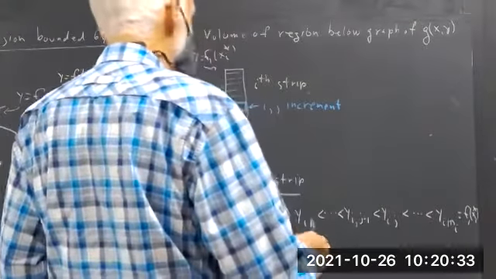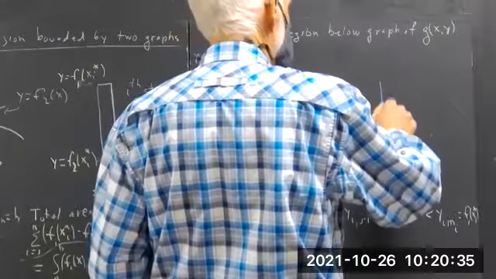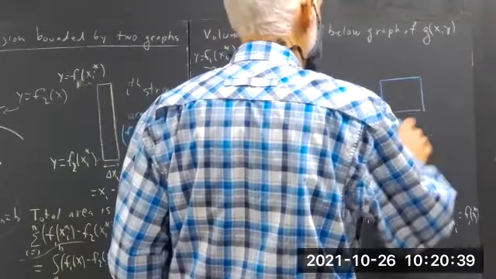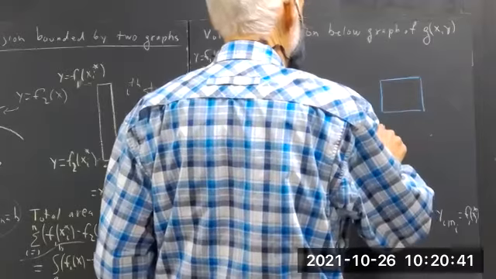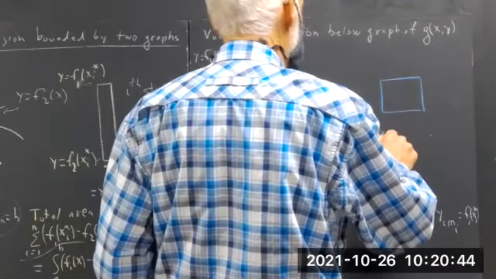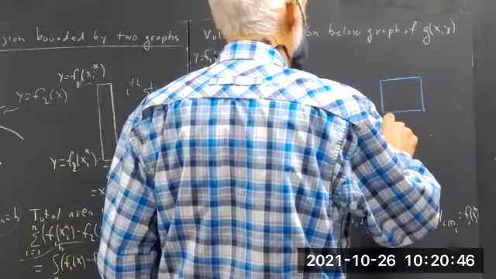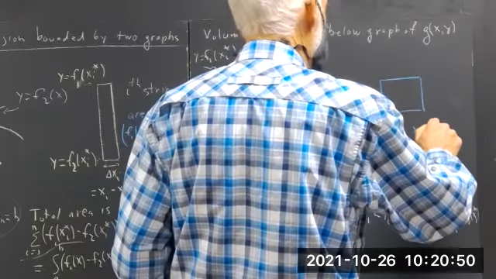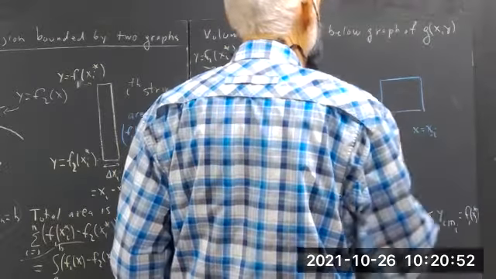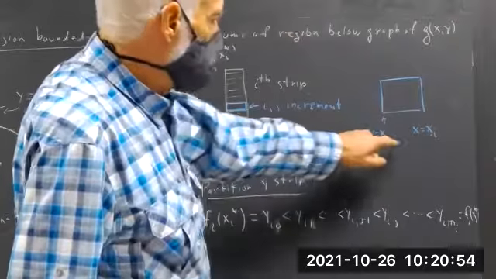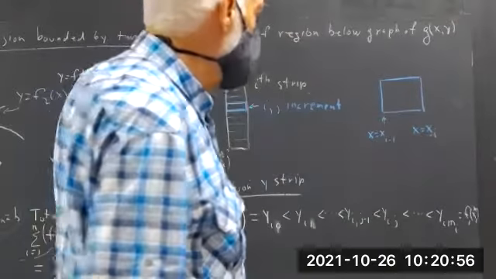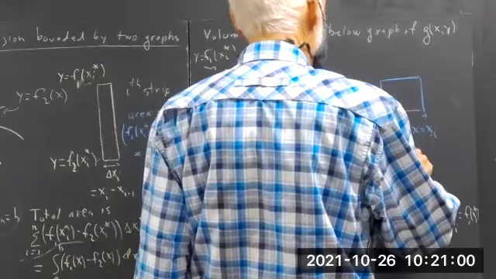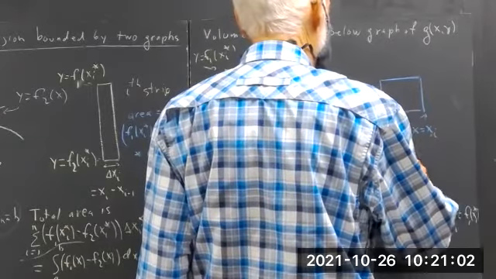If we enlarge the ij increment, we have x equals x i minus 1, x equals x i. And we have our delta S sub i as before.